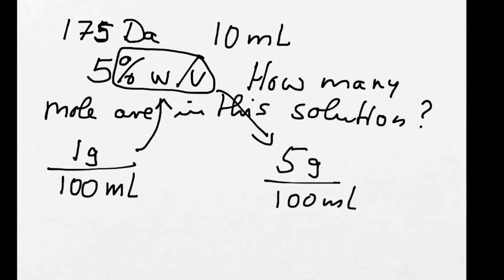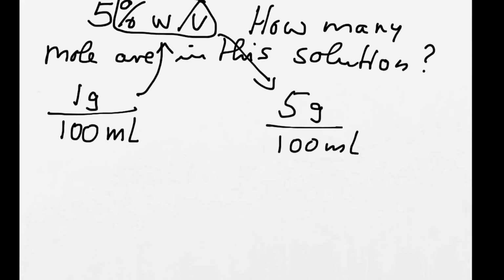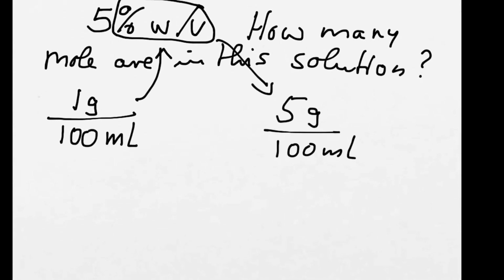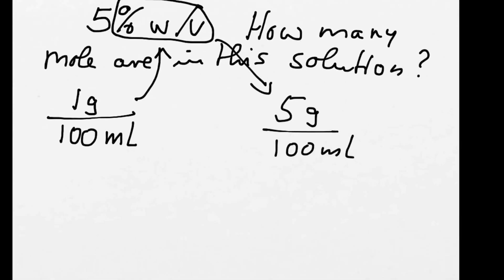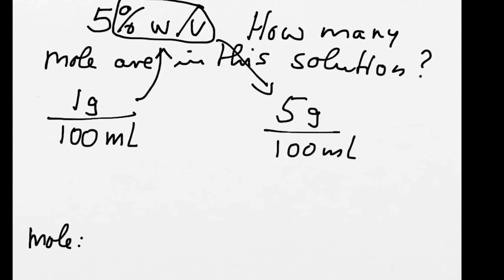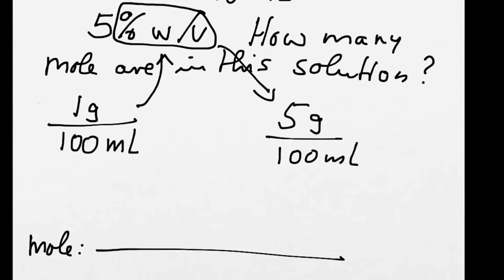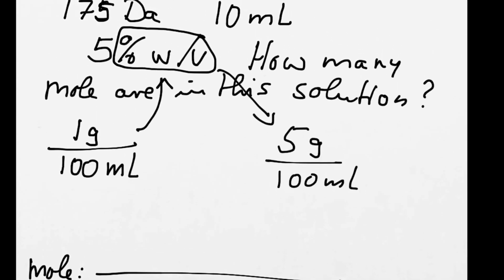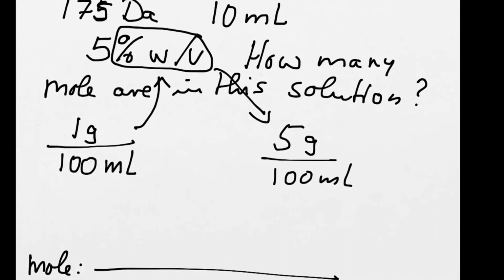Okay, so how many mole are in this solution? What are we looking for? What's the unit? Mole? Do we have anything with mole in it, implicitly or not? Yes? Where?